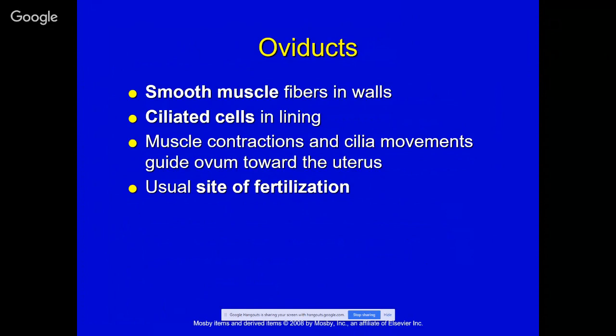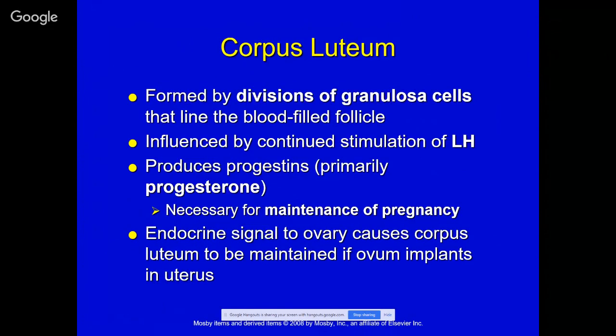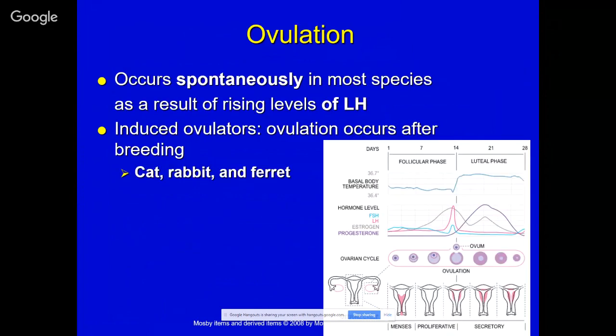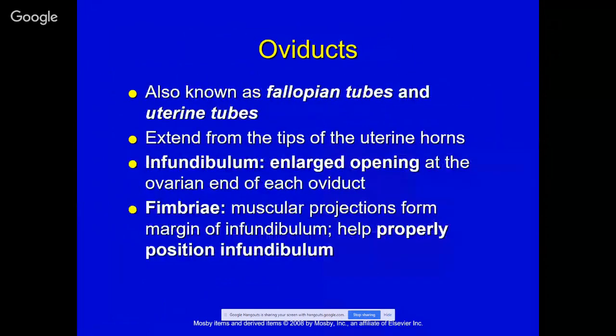Now, it is really amazing that this egg, this is an egg that is being ovulated into the abdomen. And somehow, in this oviduct, we have this infundibulum that reaches out and grabs it.